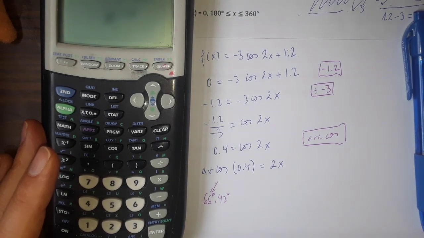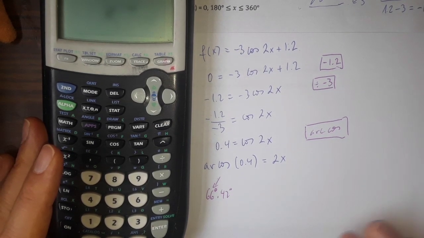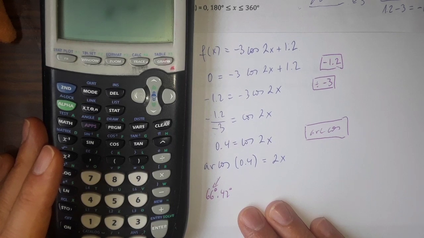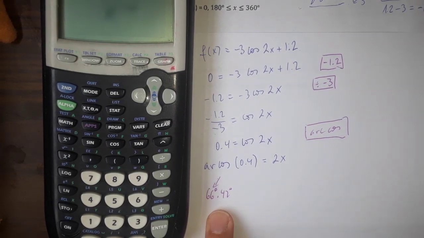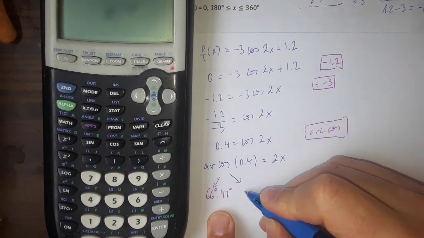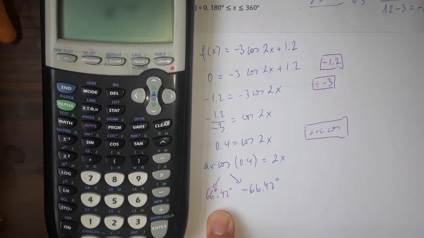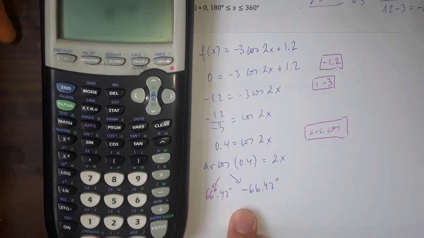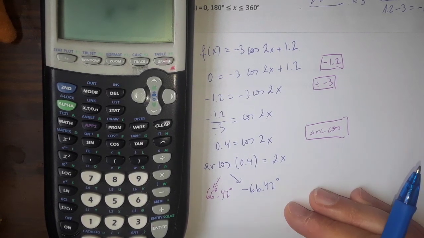degrees. And then remember that when we solve for cosines, and remember the unit circle, we're going to have the same solution but negative. So this is the positive solution, and then negative 66.42 is the negative solution. And this is going to keep repeating every 360.